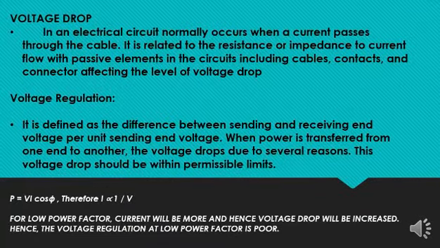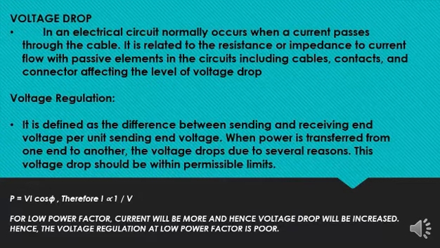In terms of voltage drop, in an electrical circuit, voltage drop normally occurs when a current passes through the cable. It is related to the resistance or impedance to current flow with passive elements in the circuits, including cables, contacts, and connectors affecting the level of voltage drop.